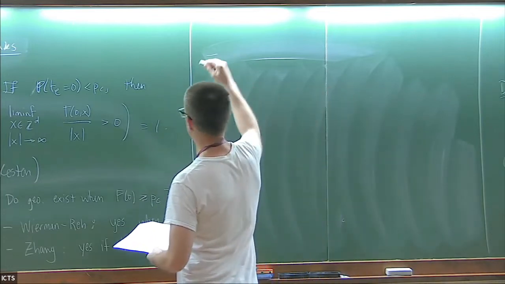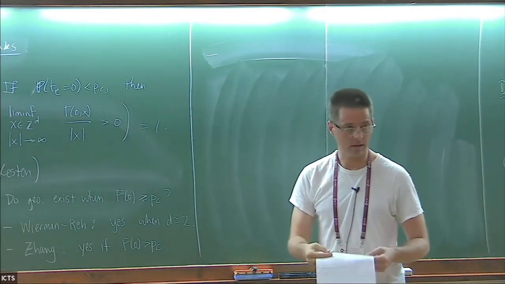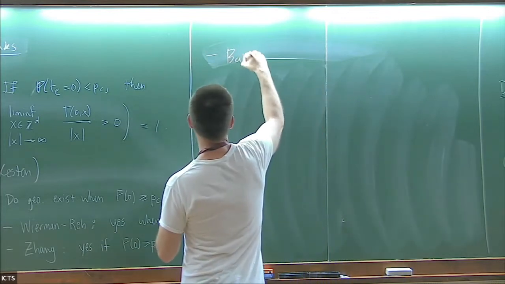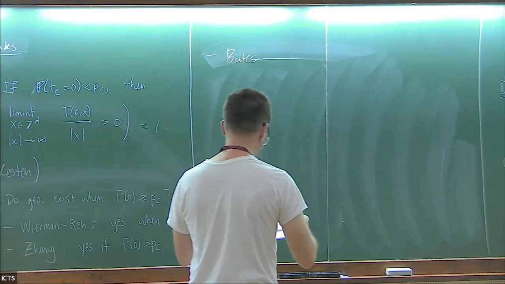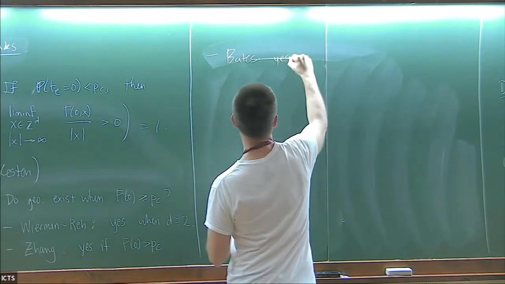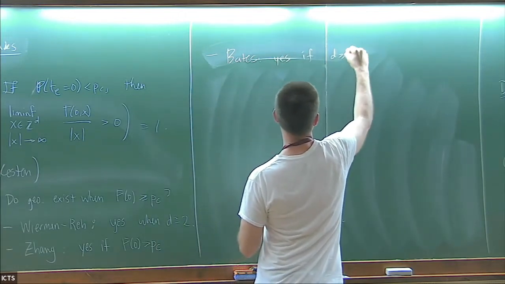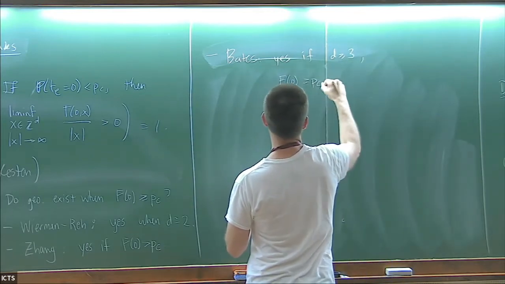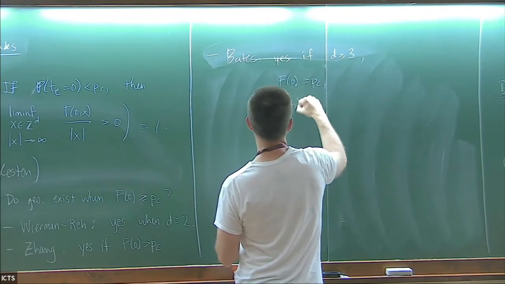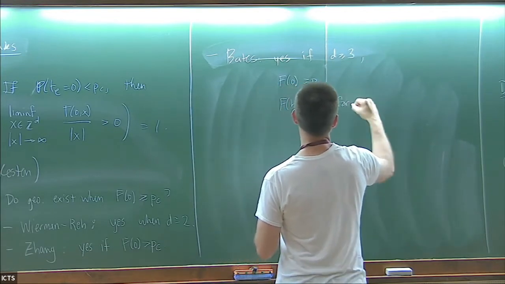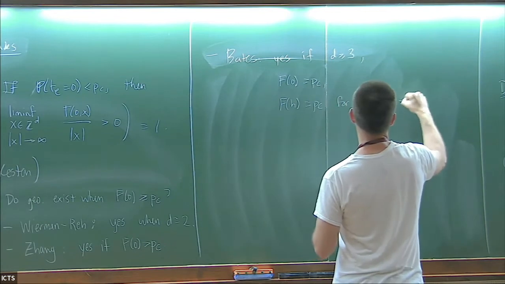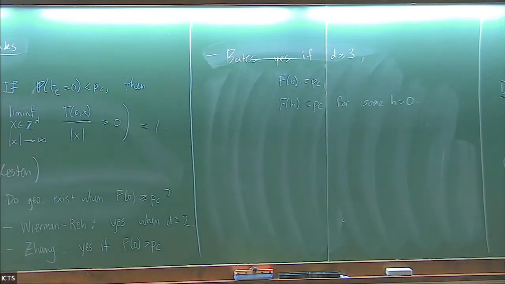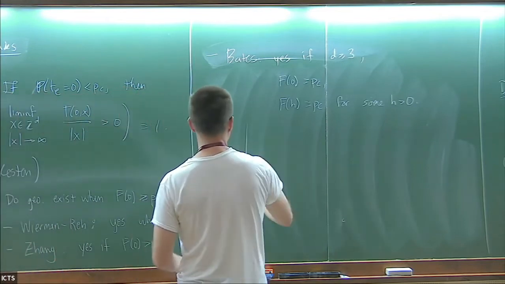And as far as I know, the only result in that direction is by Eric Bates, which states that the answer is yes if D is at least 3, F0 is PC, and also F of H is PC for some H positive.